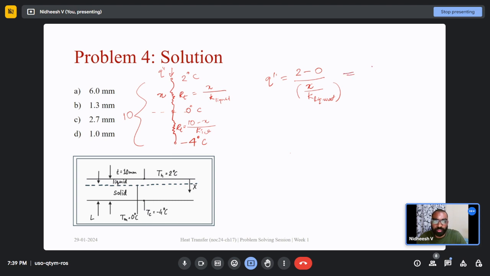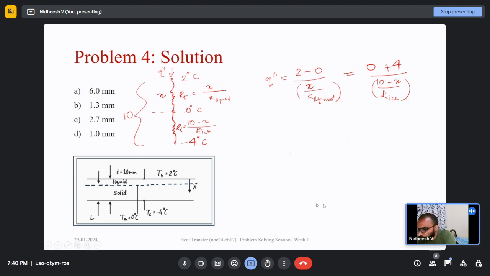That is equivalent to 0 minus -4, that is 0 plus 4, divided by the thermal resistance of the solid ice, 10 minus x by k of ice. Is that part clear?